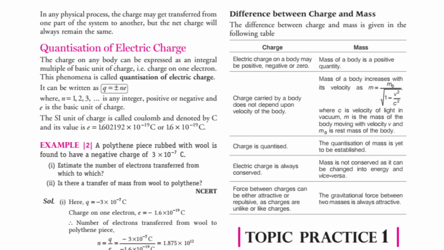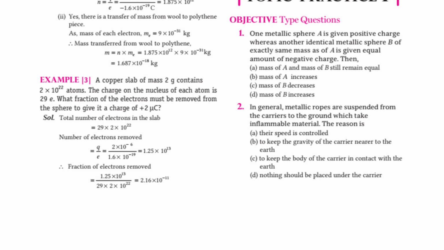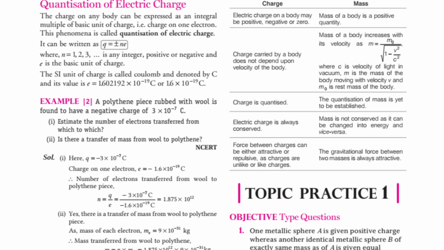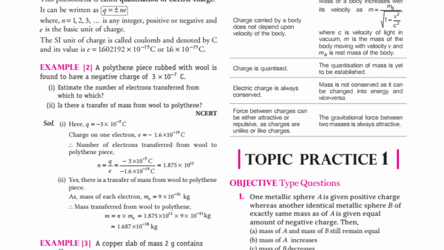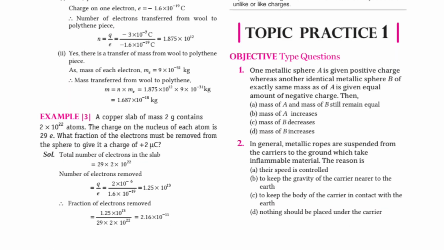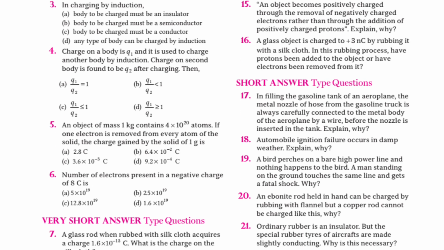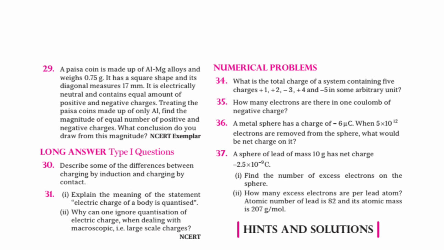After that we saw the difference between charge and mass. So these are the 2-3 examples I taught you of quantization of electric charge. You can solve this topic of MCQs, and then in the next lecture I will teach you the numerical problems.